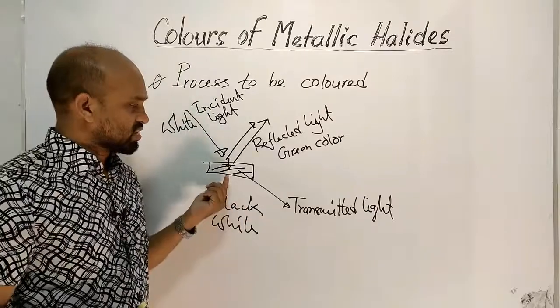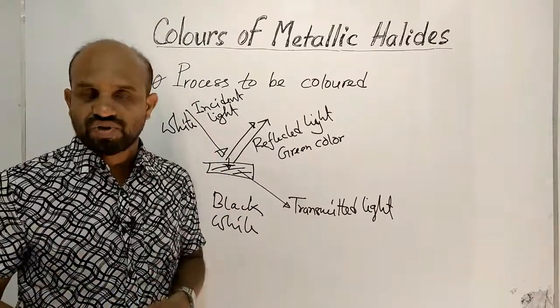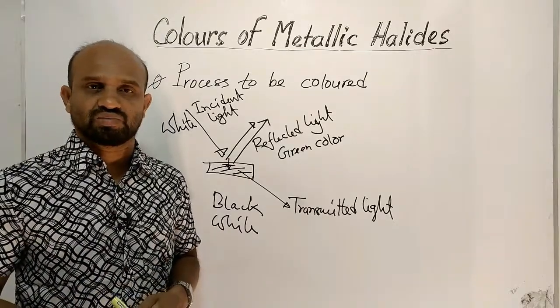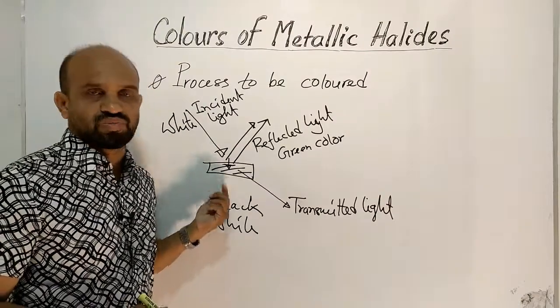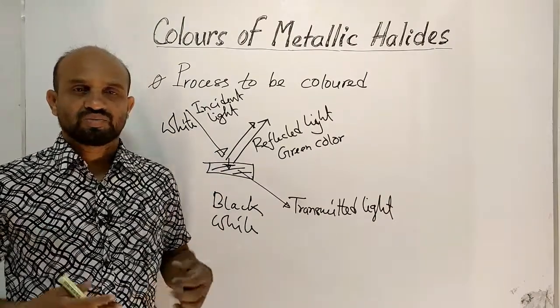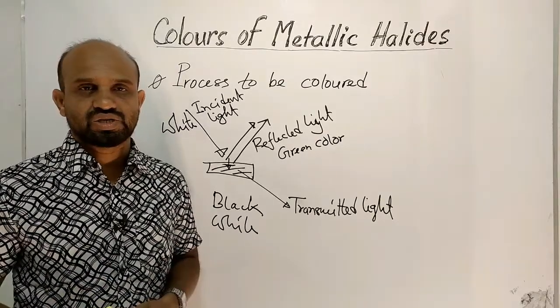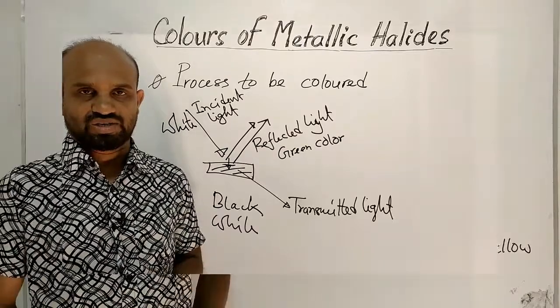And if it absorbs partially, then it will reflect partially, and the complementary color of the absorbed light will be the color of the body. So this is the process by which we see different objects as different colors. Let's see the next point.